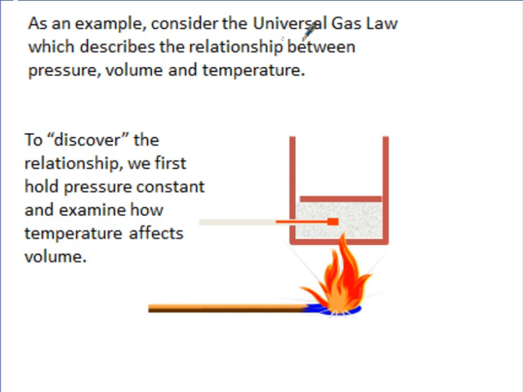Here is the development of the universal gas law, which is a relationship between pressure, volume, and temperature. Oh my. My tool for discovering relationship is proportionality, but that only finds relationship between a pair. So what I need to do is to hold one of these three constant.